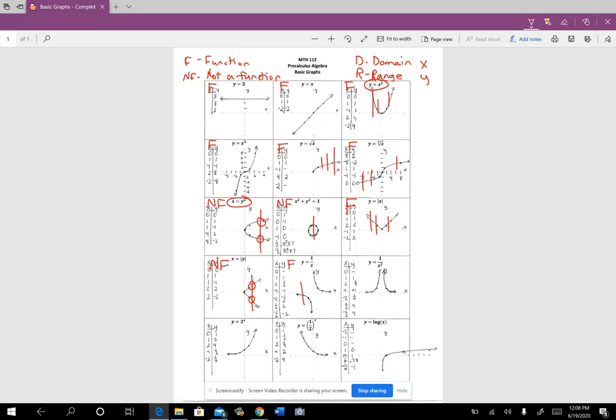See this one right here, no matter where I draw my vertical line, it's going to hit it only once. So these are functions, and y equals log x is a function. Okay, so I wanted to do that part of it. And then let's go on and look at domain and range of several of these. Probably won't do them all, but I'll just do selected ones.